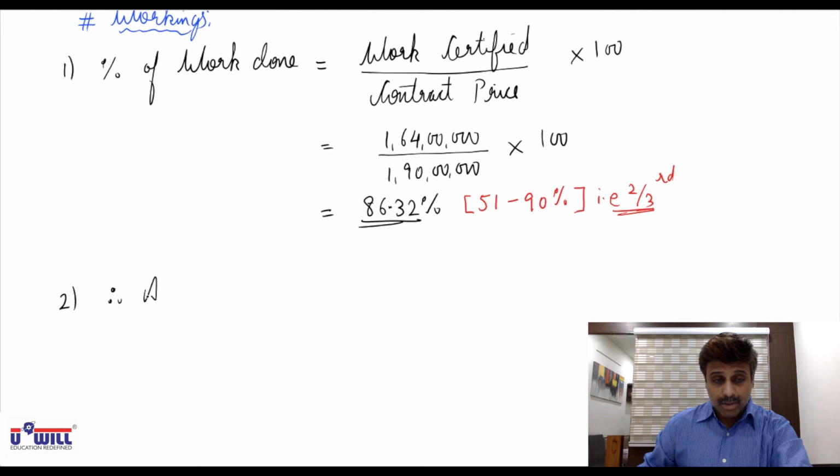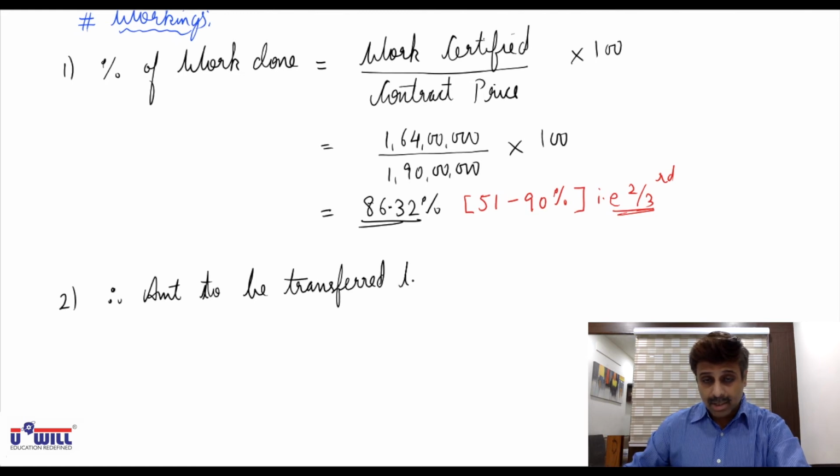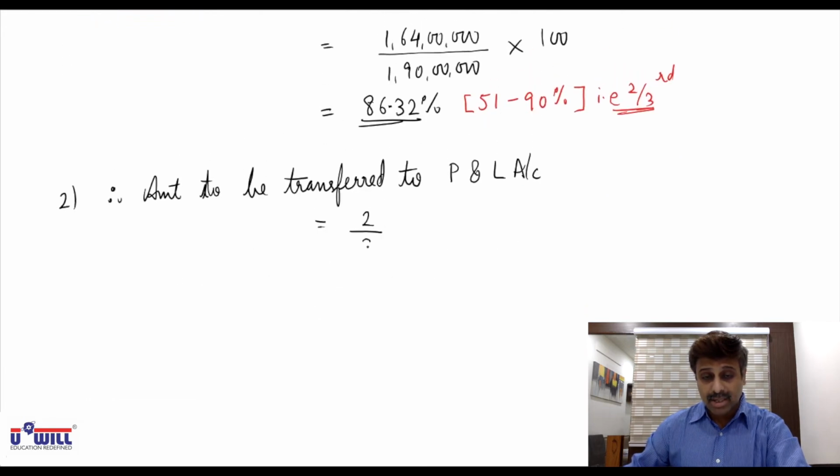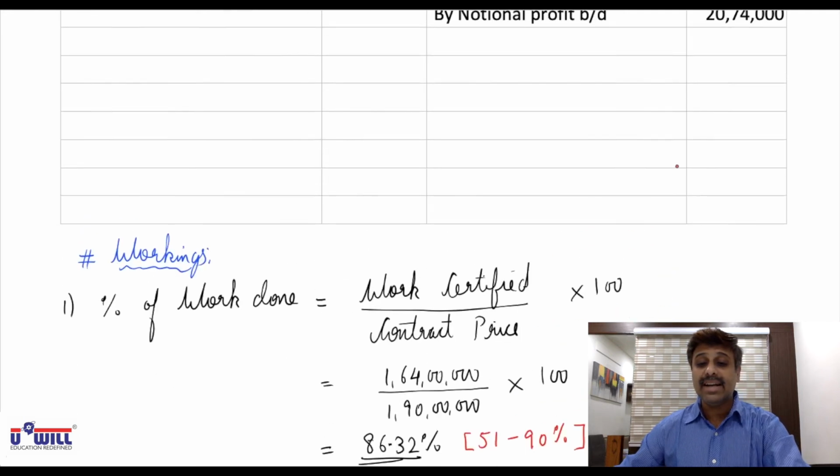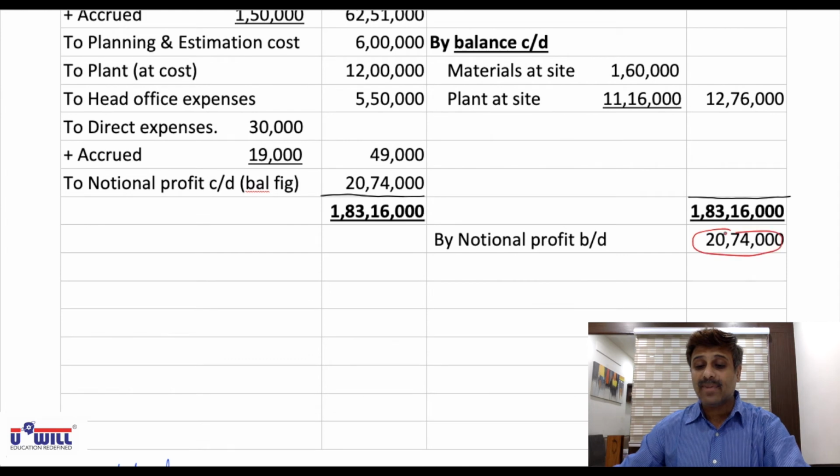What amount will be transferred? Okay, what amount to be transferred to profit and loss account? Because more than half work is done. So what amount to be transferred to P&L account? Two-third part means two-third. The formula is two-third into notional profit into cash received upon work certified. So 2 by 3 into what notional profit did we get here? 20 lakh 74,000.